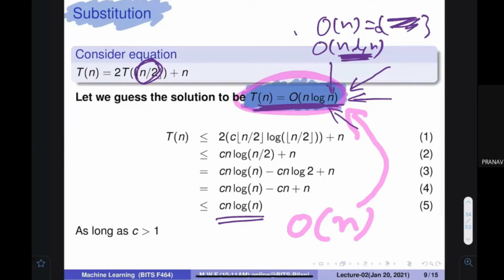So definitely it is going to be true also. Makes sense? But we want to make it tight. Whether n log n is tight enough is a different question, and right now we are not addressing it. Makes sense? Saurabh, Shubham, is it clear? Yeah.